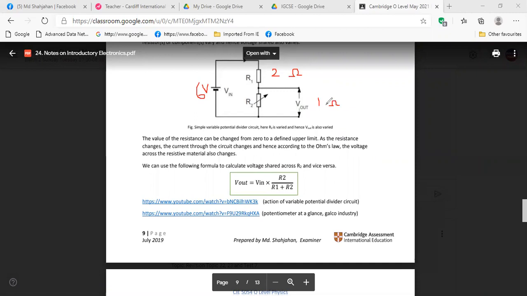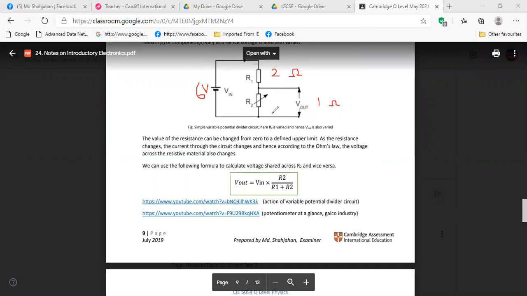Then what will be the output here? The output you have to calculate using this formula. So 2 volt, right? So it is called potential divider. Is it clear now? No sir.